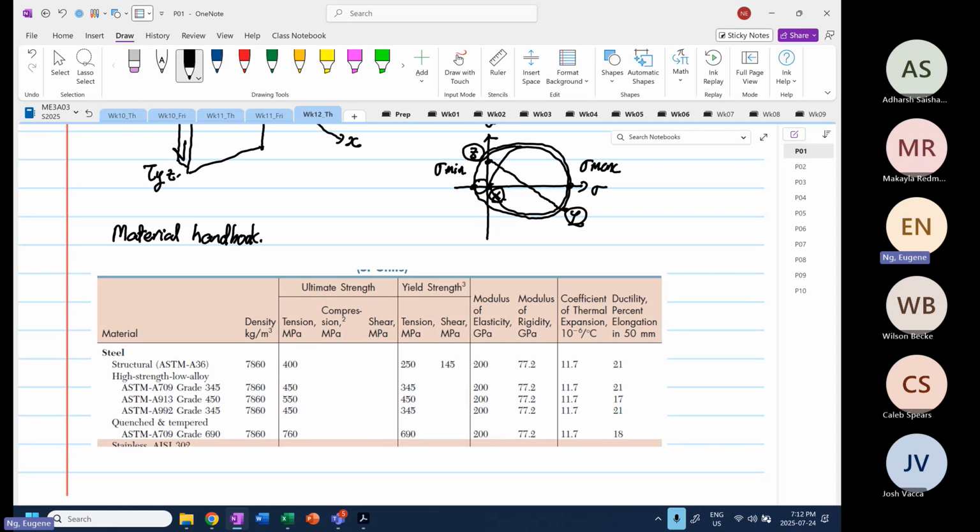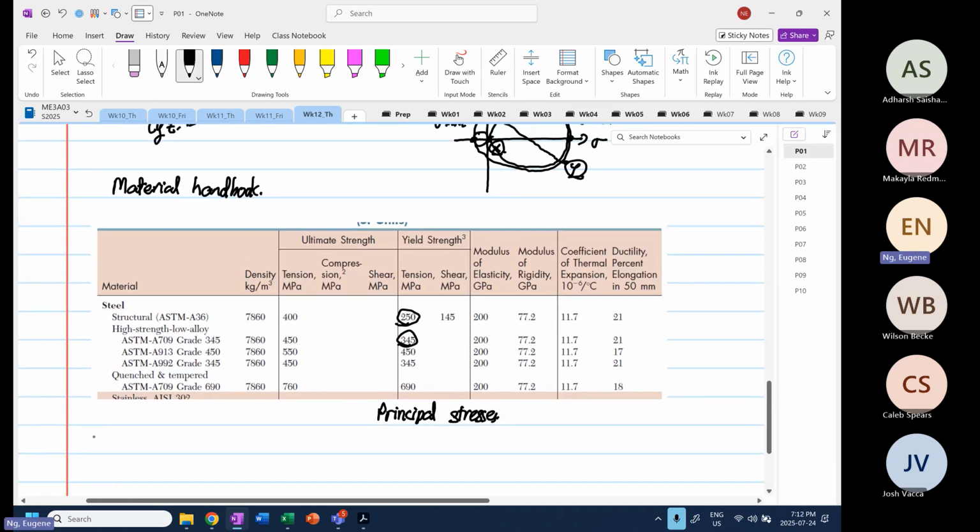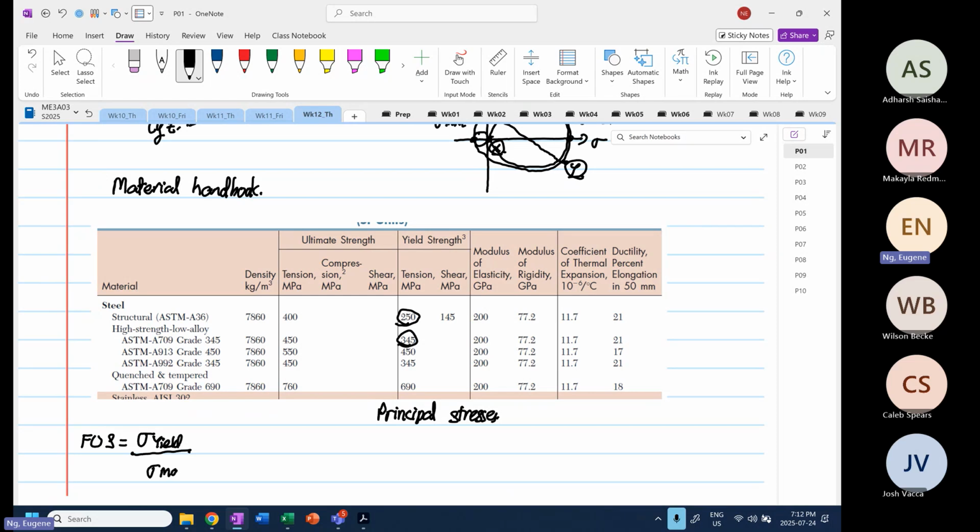Okay. Then from here, we now understand that all these values over here are our principal stresses. Okay. So from here, we can also determine our factor of safety will be equal to our stress yield divided by our stress max, or it can be our stress yield divided by our stress mean.